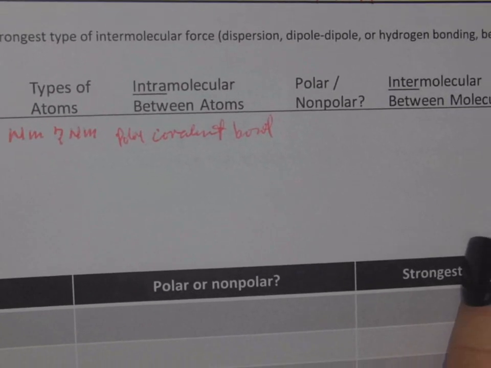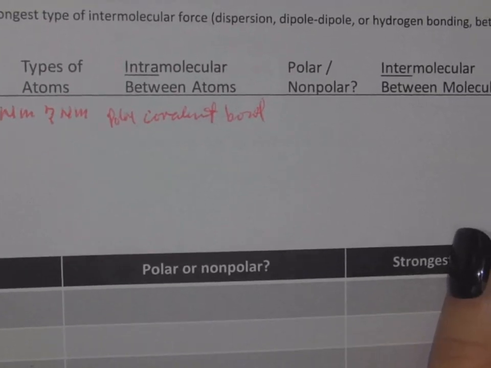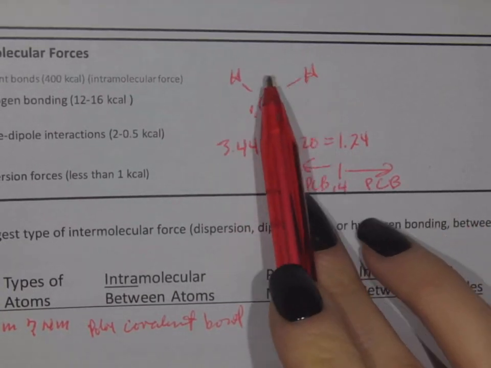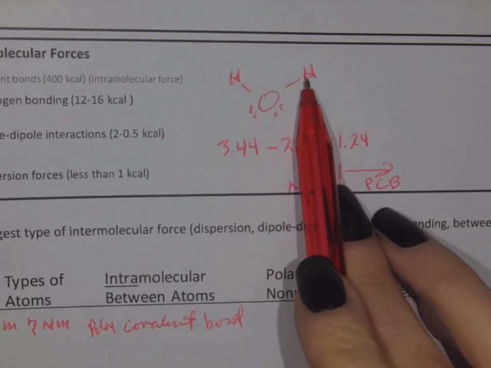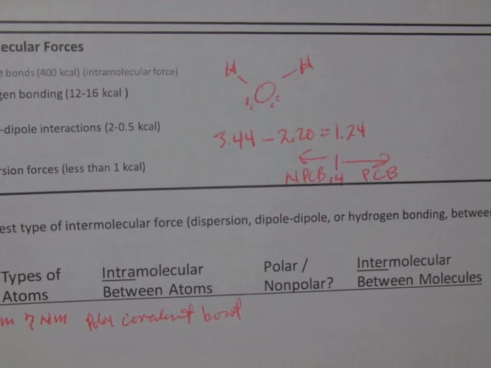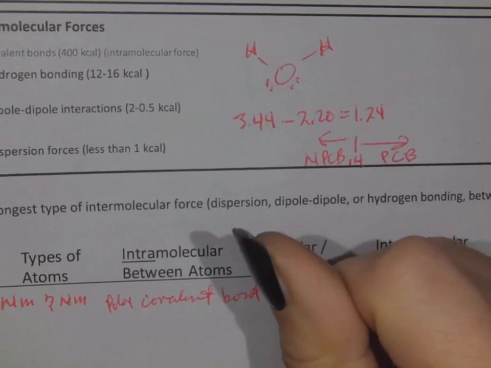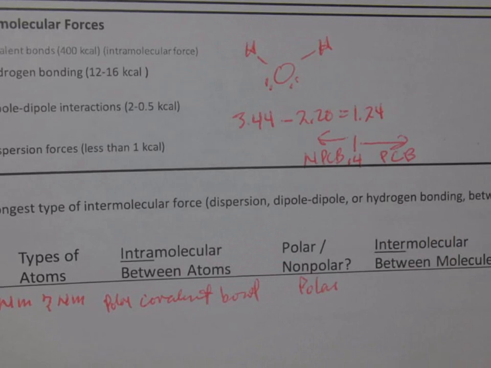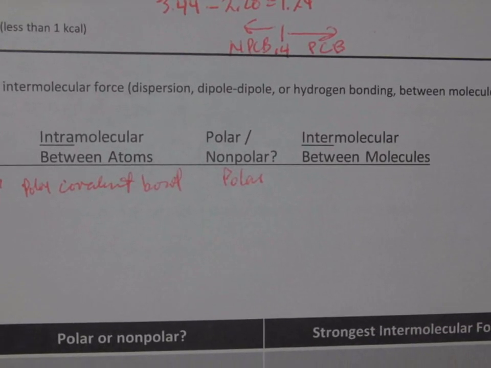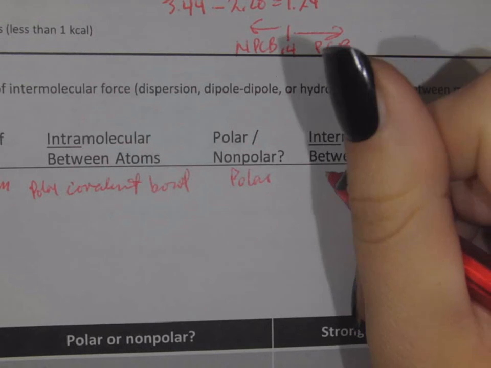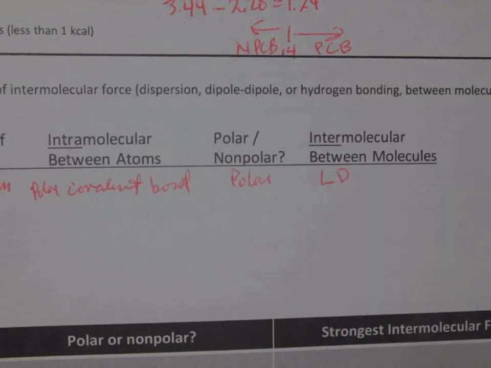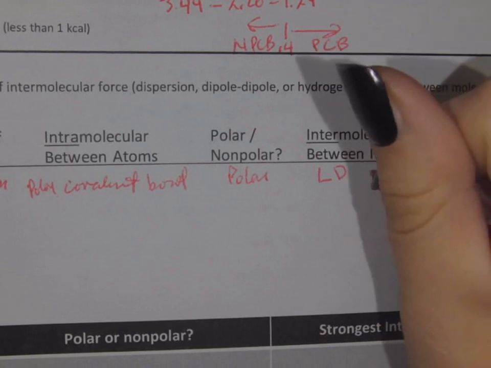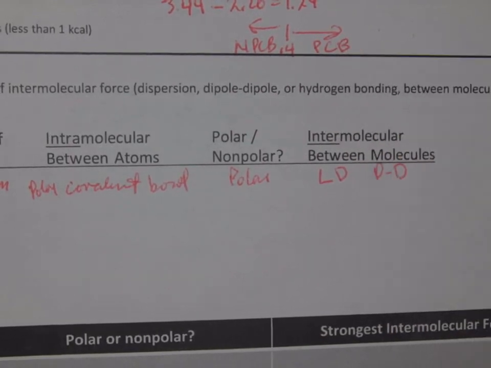Now the whole molecule, is the whole molecule polar or non-polar? Let's check. 4 domains, 2 of them are lone pairs, 2 of them are bonded hydrogen. So that's asymmetry, so it's a polar molecule. Okay. So what are the IMFs it experiences? All molecules experience London dispersion. Polar molecules, like water, also have dipole-dipole.